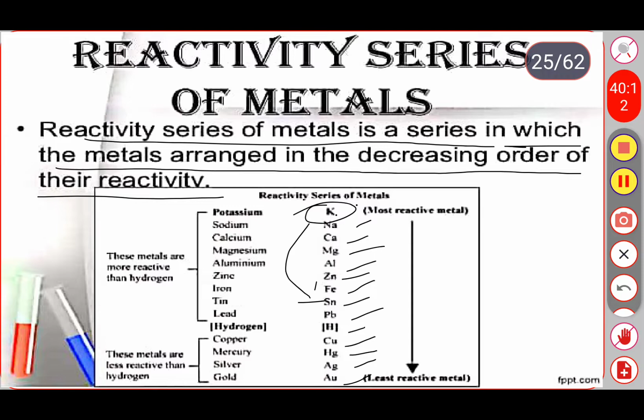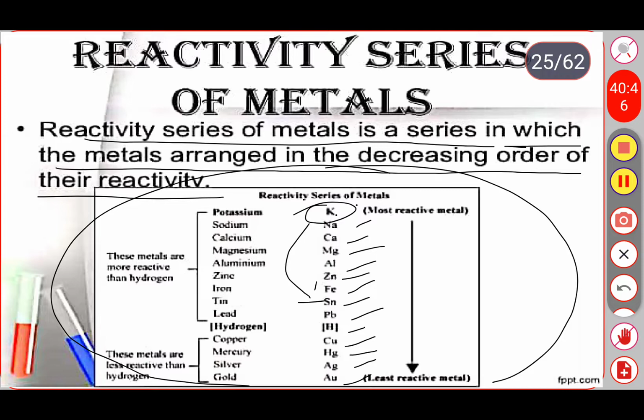Okay, some of the commonly used metals have been arranged in decreasing order. So the complete reactivity list arranged in decreasing order of reactivity is known as the activity series or reactivity series. So which is the most active or reactive element? Potassium is the most reactive metal, while platinum is less reactive in nature.